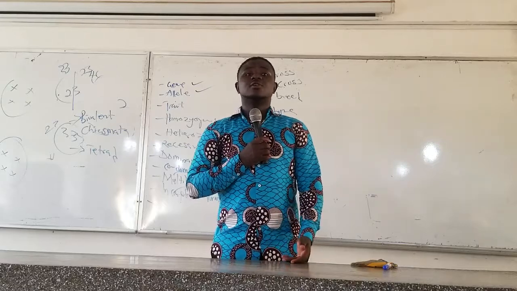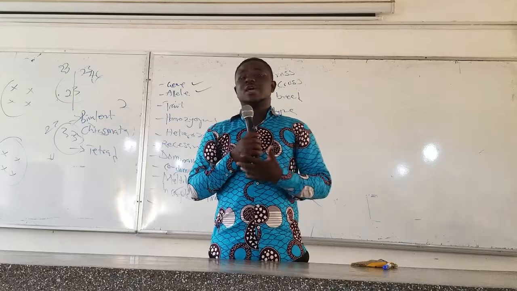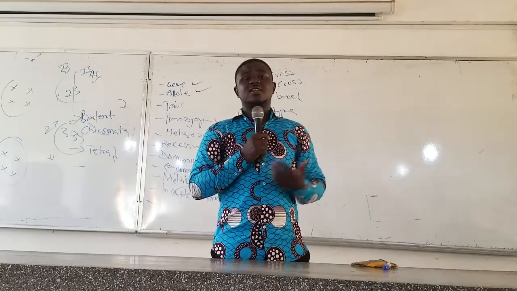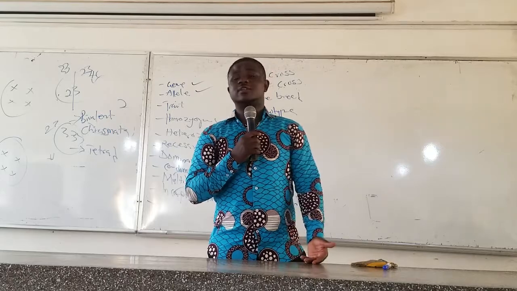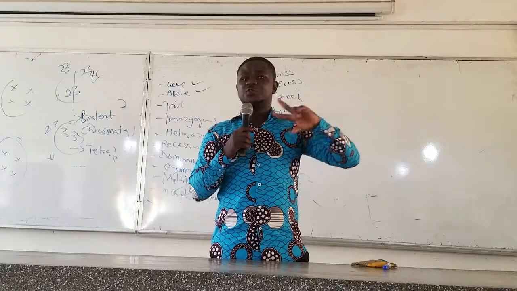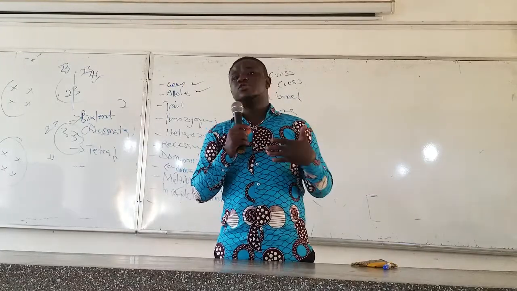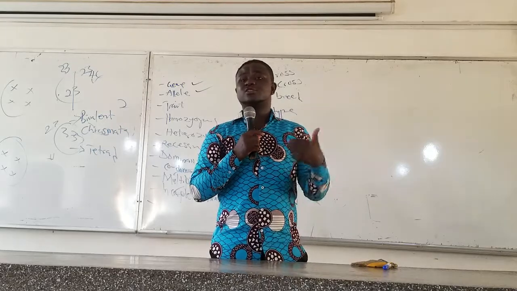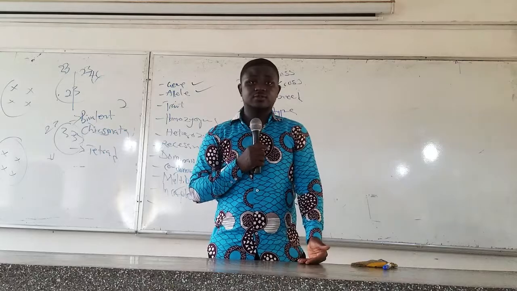The mouse. So the only time you see mice around is when there is no cat. That means the only time that the recessive trait will be expressed is when there is no dominant allele. That means that both alleles present are what? Recessive. And normally you use capital letters to represent dominant alleles and small letters to represent recessive alleles.